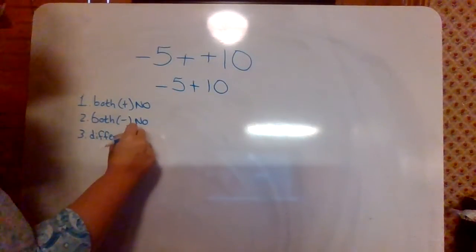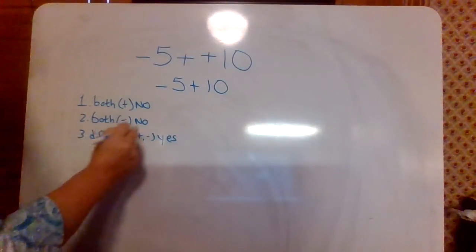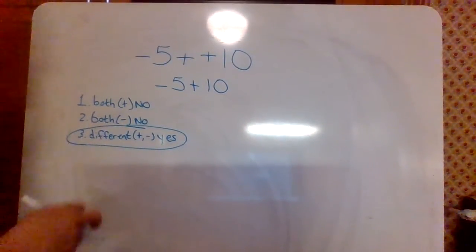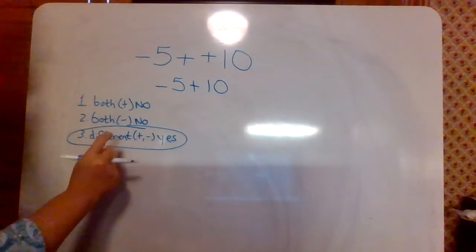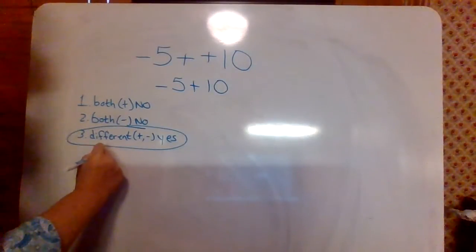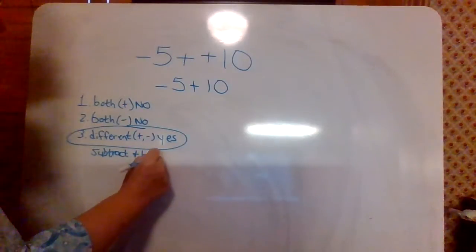So we have one positive and one negative. Yes. So this is my yes. So I have to follow the rules that go with question 3. And the rules that go with question 3 are you subtract and keep the sign of the larger number.